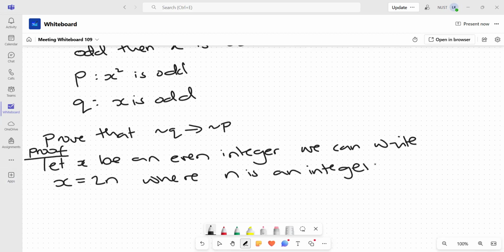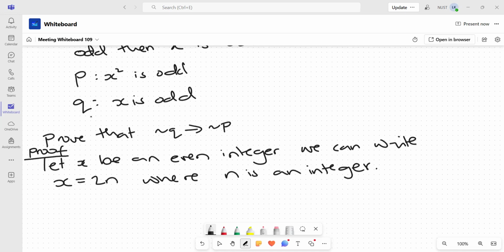All even numbers are multiples of 2, so we can write it as 2 times something. It doesn't matter what that something is. If x is 8, then we can write it as 2 times 4. If x is 12, then it's 2 times 6. If x is negative 12, it's 2 times negative 6. So every even integer, you can write as 2 multiplied by something, and that something, we're calling n.